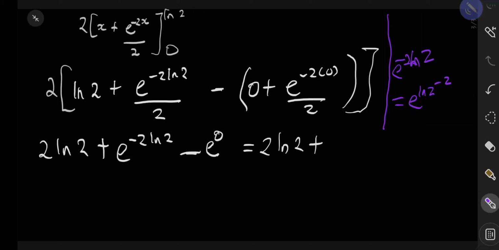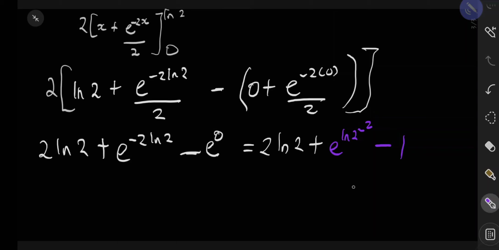So here we have e raised to power natural log 2 to the minus 2. This expression is the same thing with this. So now we have minus 1.